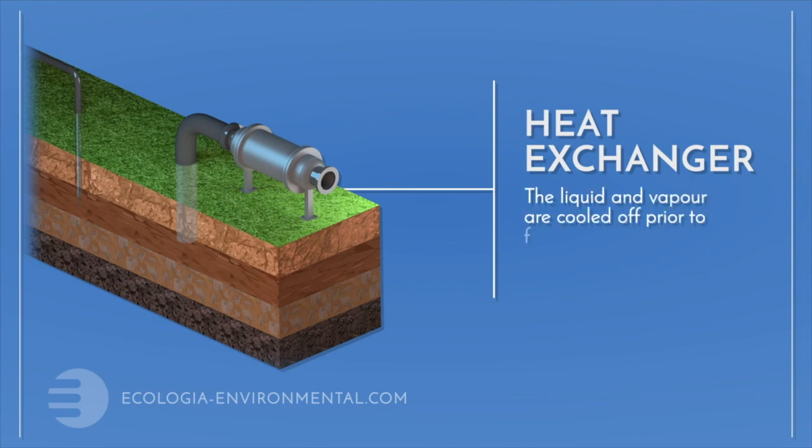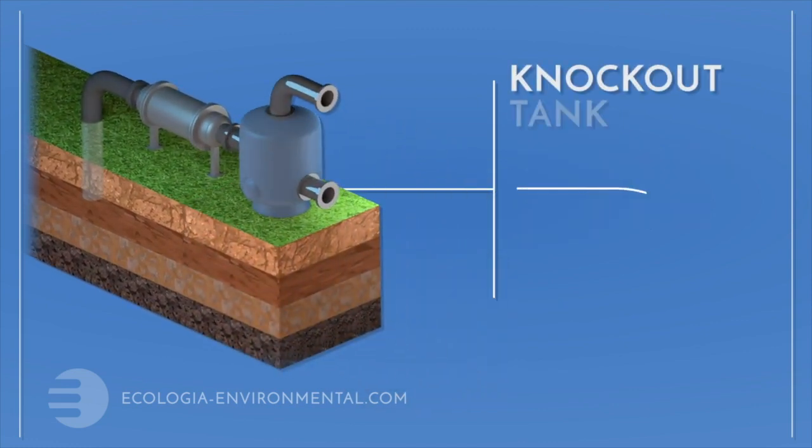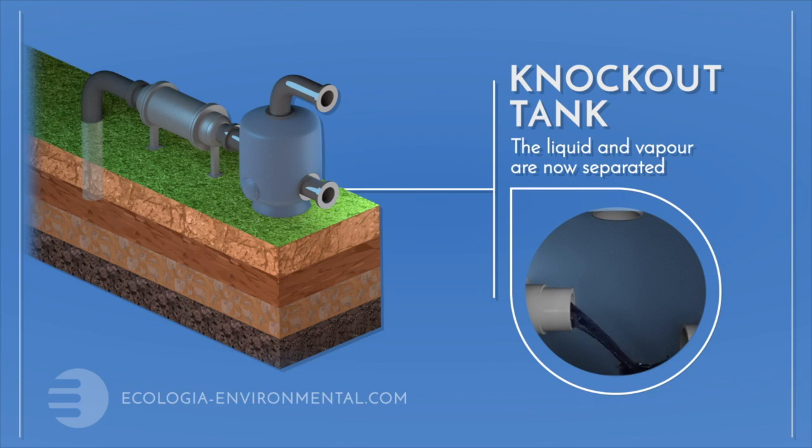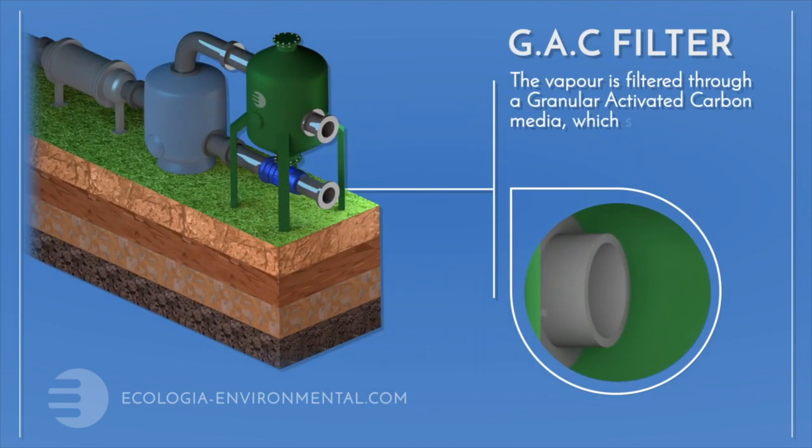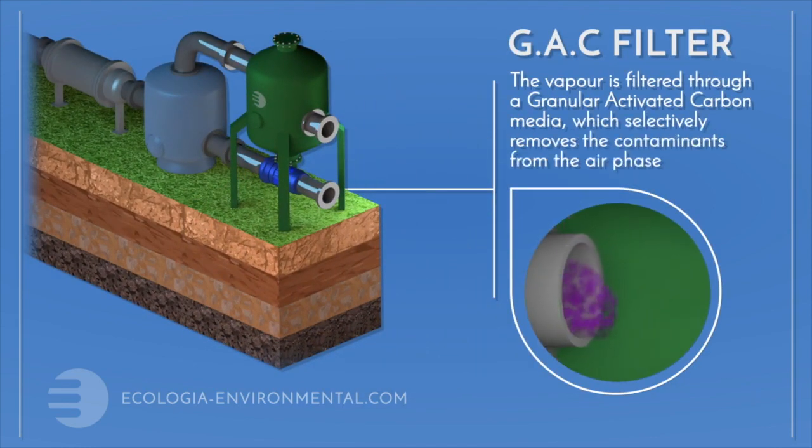The extracted liquid and vapor are cooled. Some of the vapor will condense to a liquid at this stage. Then we remove any liquid from the extracted vapor. Naturally, we want to protect the air that we breathe as well as the ground beneath our feet.